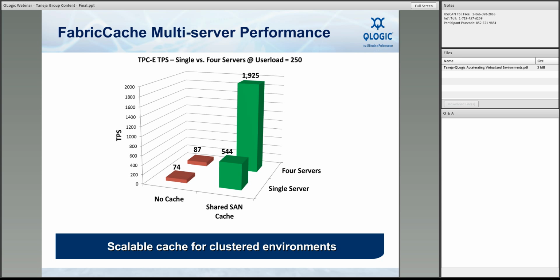When you compare a single server, which is the front two, this benchmark ran 74 without any cache, and then it went up multiple times over in a shared cache environment. I believe it is a 7x gain. And when you move this into a 4-server, potentially clustered environment, that performance gain went up approximately 22 times.